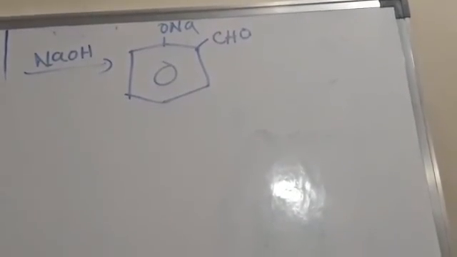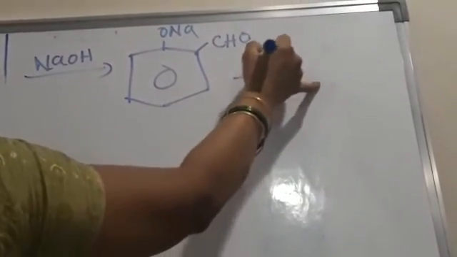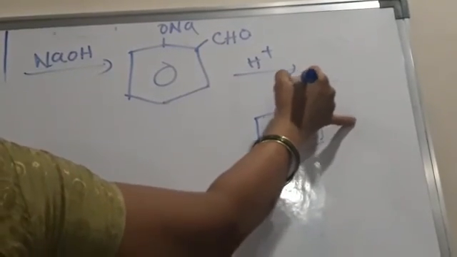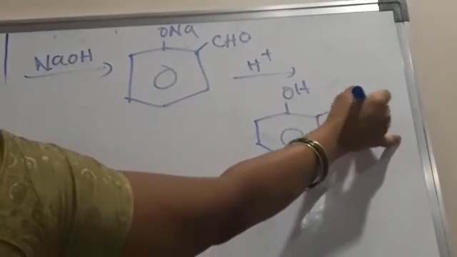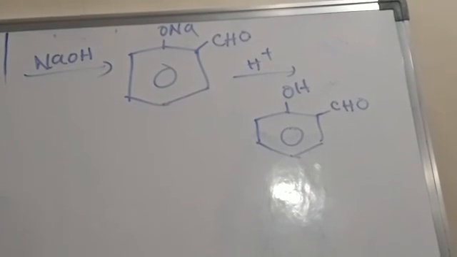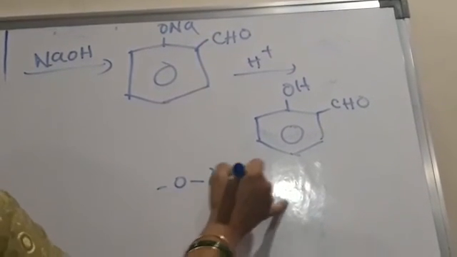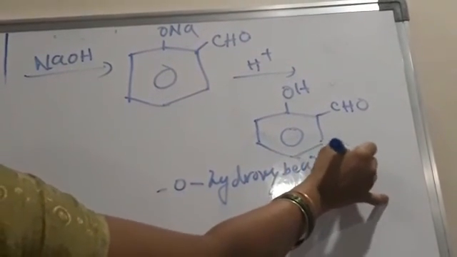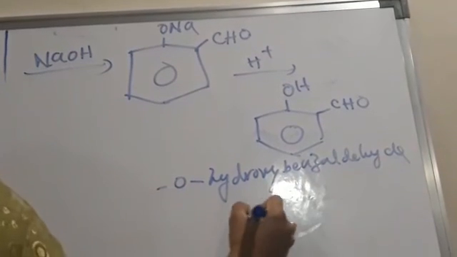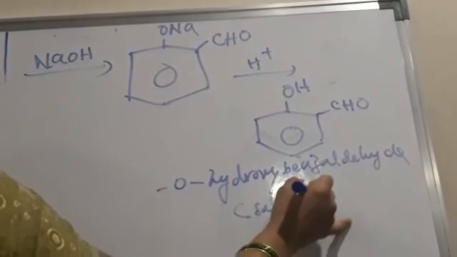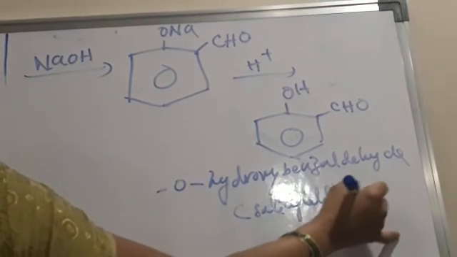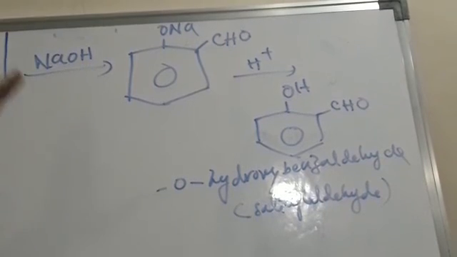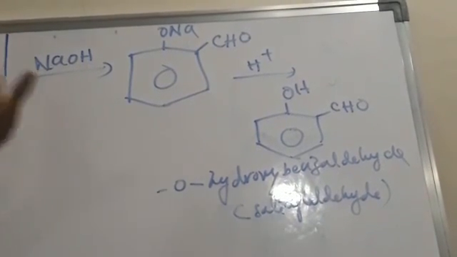On acidification, it finally gives orthohydroxybenzaldehyde, which is also called salicylaldehyde. So this is also a very important reaction, the Reimer-Tiemann reaction.